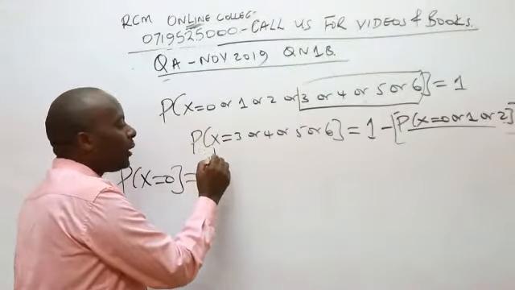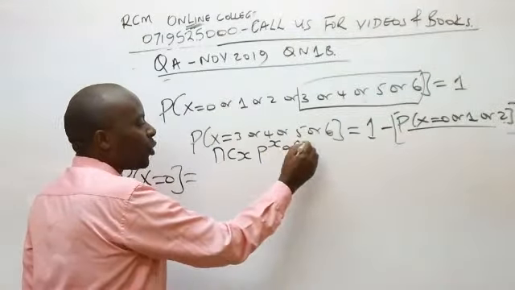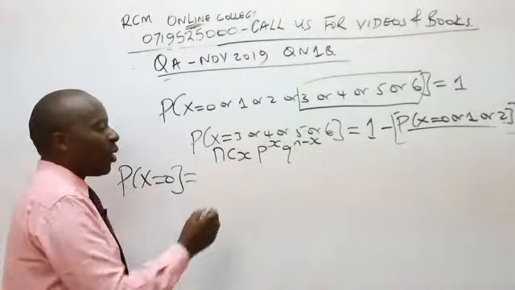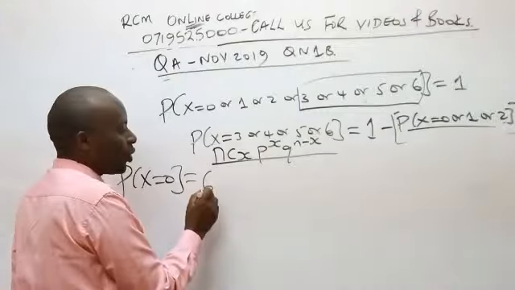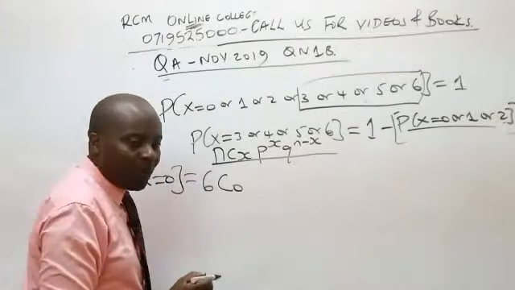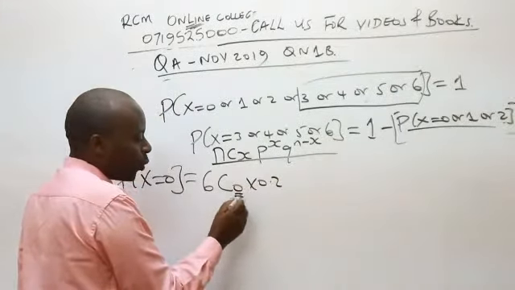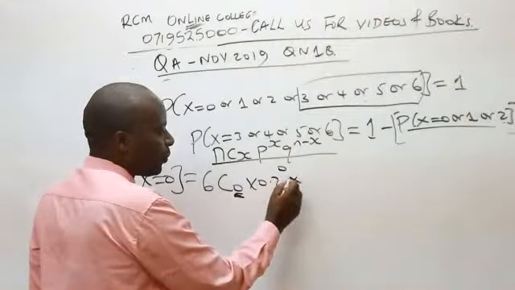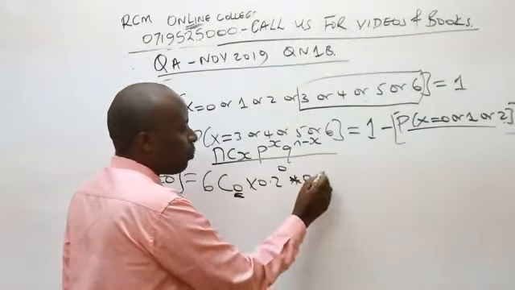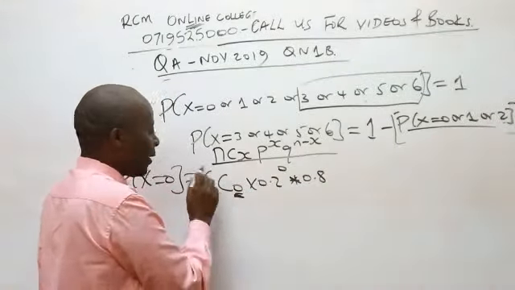Our model is n combinations X, P raised to X, Q raised to n minus X. So our n here is 6. So 6 combinations 0. P, I hope you remember, our P was 0.2. So 0.2 raised to X, which is 0, times Q, which is 0.8, raised to n.